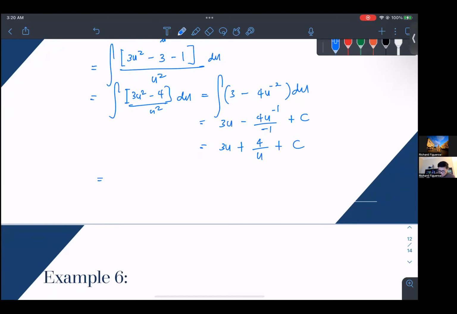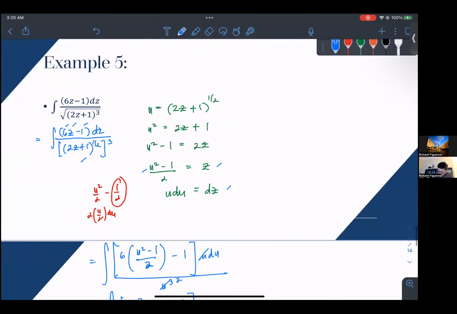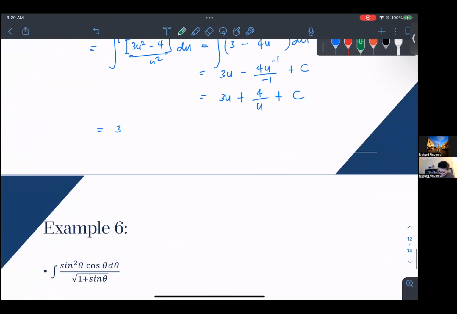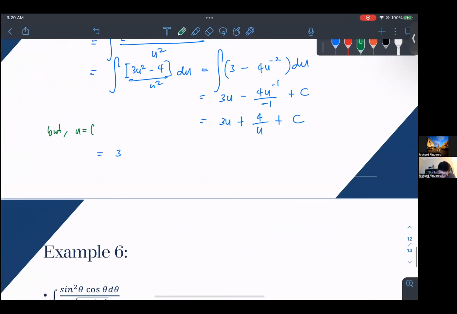And for the final answer, our u is 2z plus 1 raised to 1 half. So we can write that as 2z plus 1 raised to 1 half, and plus 4 over 2z plus 1 raised to 1 half, plus c.